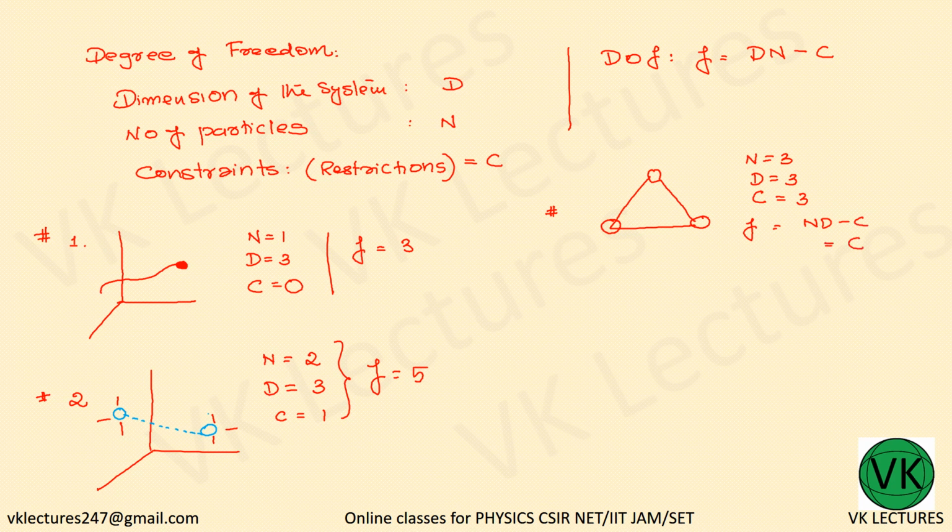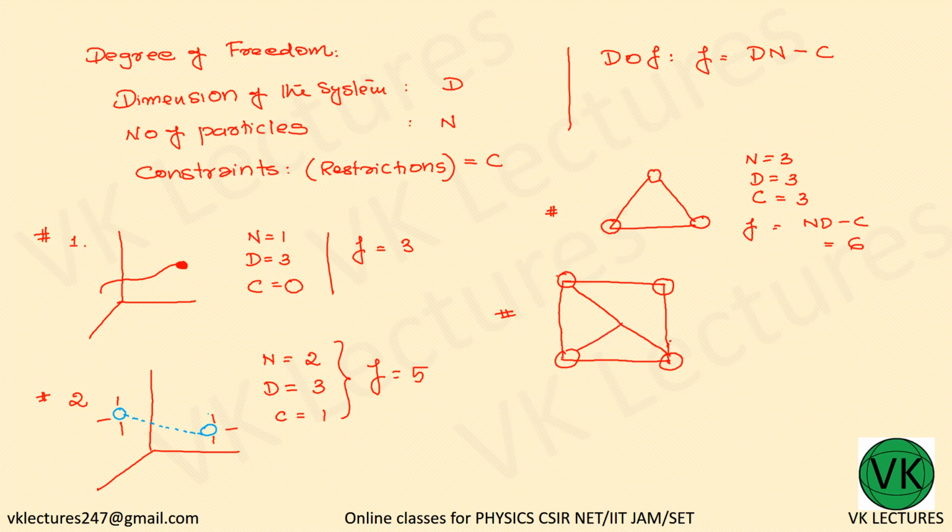Now just to understand a little more about this interconnection, if all the particles of the system are interconnected by rigid rods, then what would happen? Let's take one more example, that is 4 particles at the corners of a square or rectangle, 1, 2, 3, 4, and all are interconnected, and there is another connection diagonally.